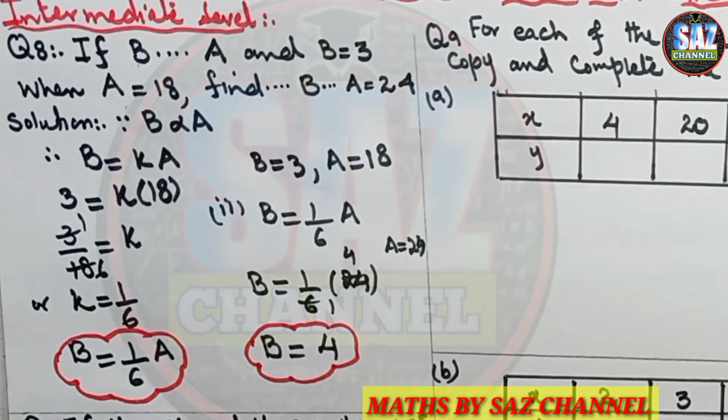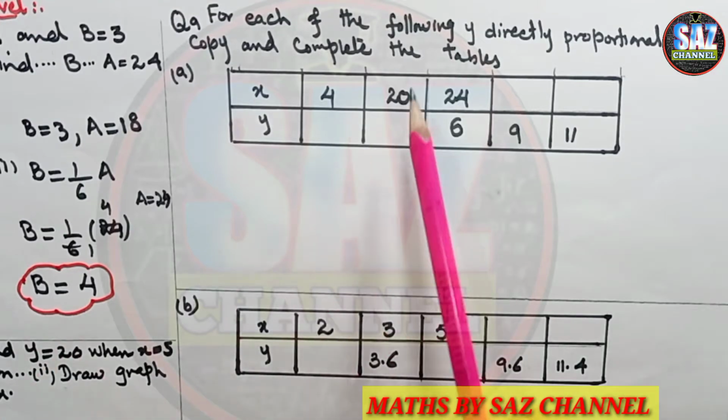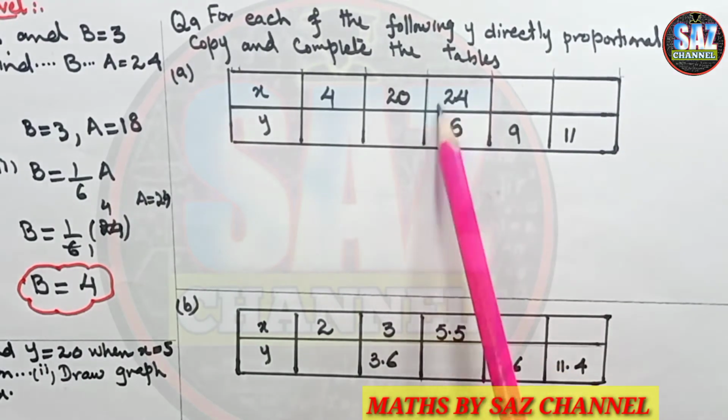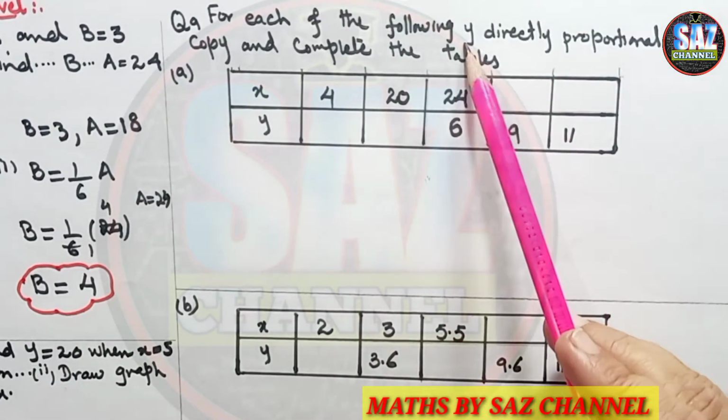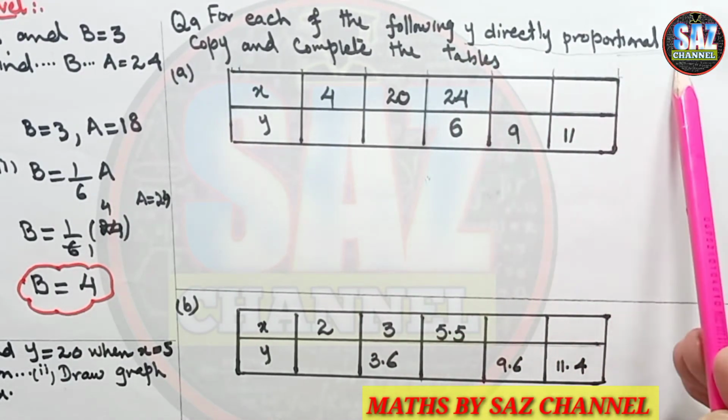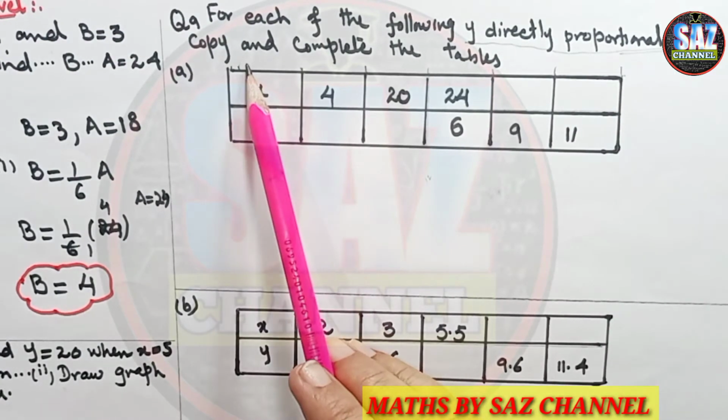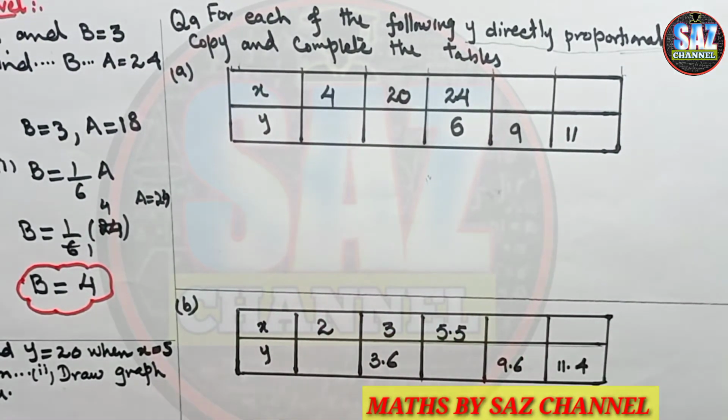Question number 9. Question 9 says, for each of the following tables given in the question, Y is directly proportional to X, and we have to complete the tables given. So let's move to the solution of this question.